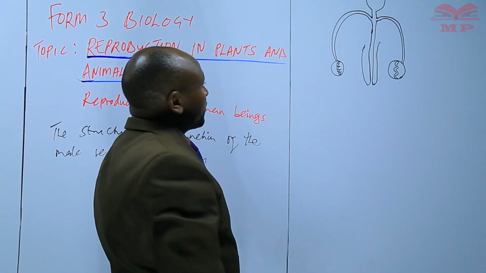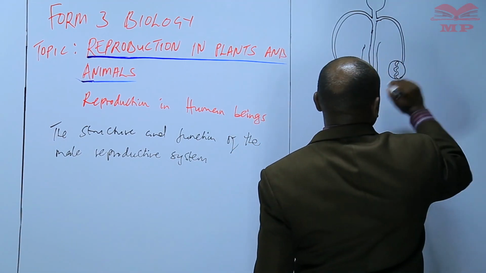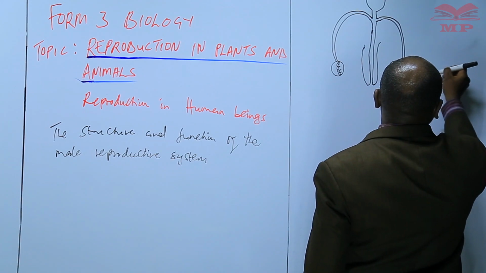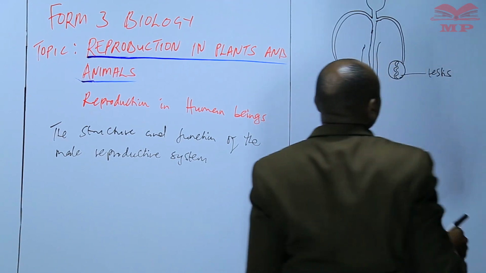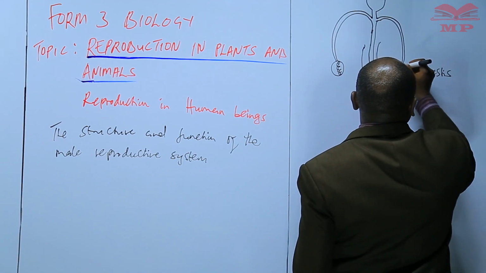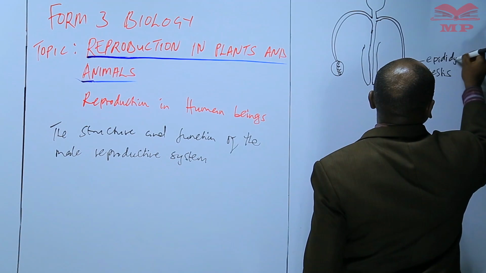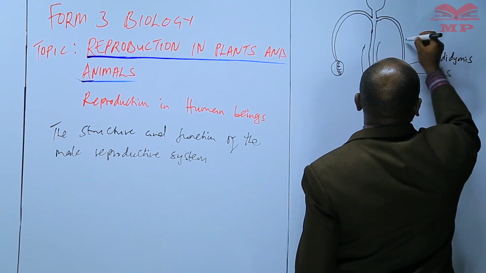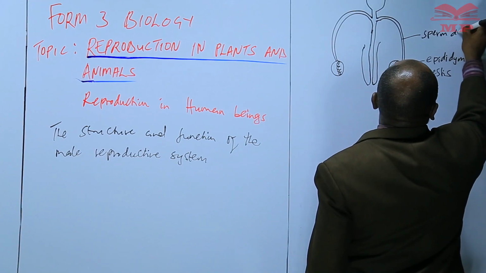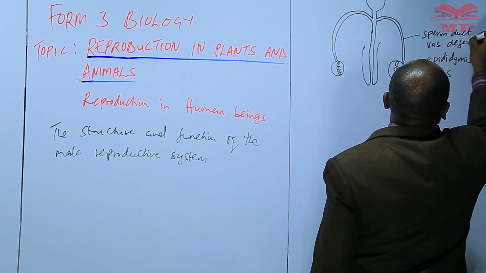So the structure of the male reproductive system is made of the following parts. We have the testes, we have the epididymis, then we have the sperm duct, also known as the vas deferens.